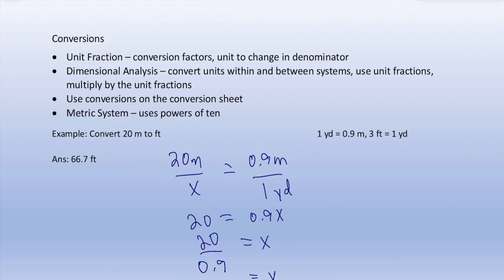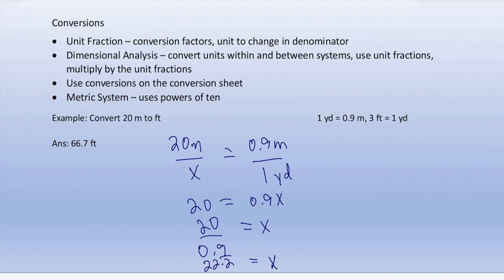So 20 divided by 0.9 is 22.22 repeating. Okay, I'll put a little bar over top to mean it's repeating. I'm going to leave that in my calculator so that I can use it. So I now have 22.22 repeating yards.